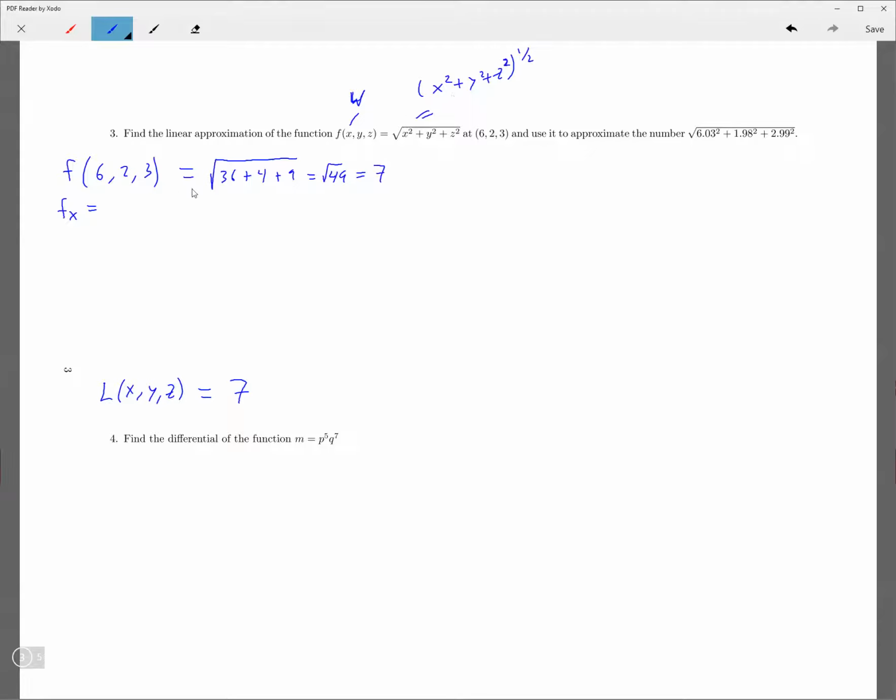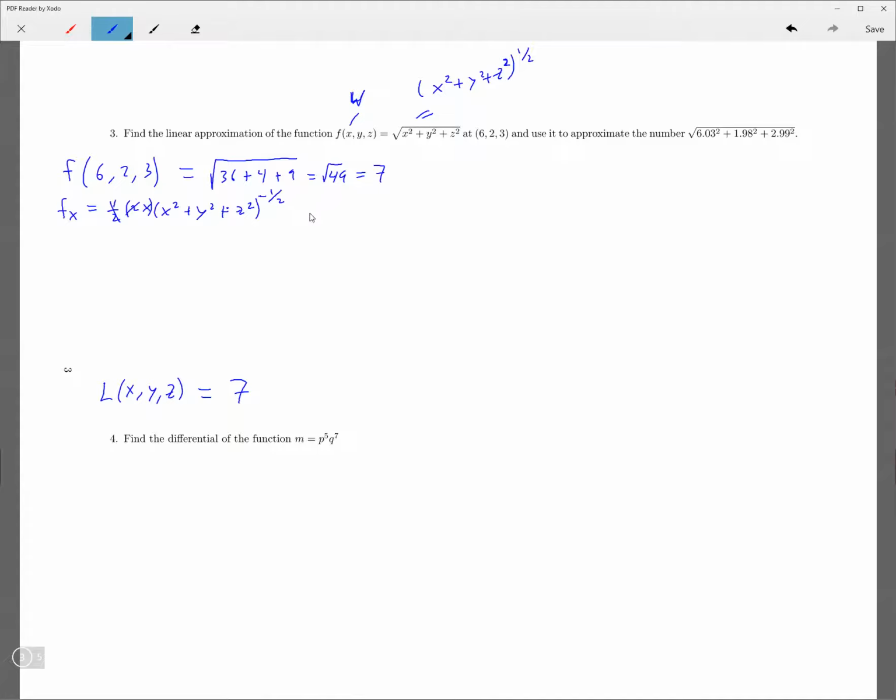It's going to be 1/2 comes out, times x squared plus y squared plus z squared to the negative 1/2, and then times 2x. Okay, now these two are going to cancel, right?